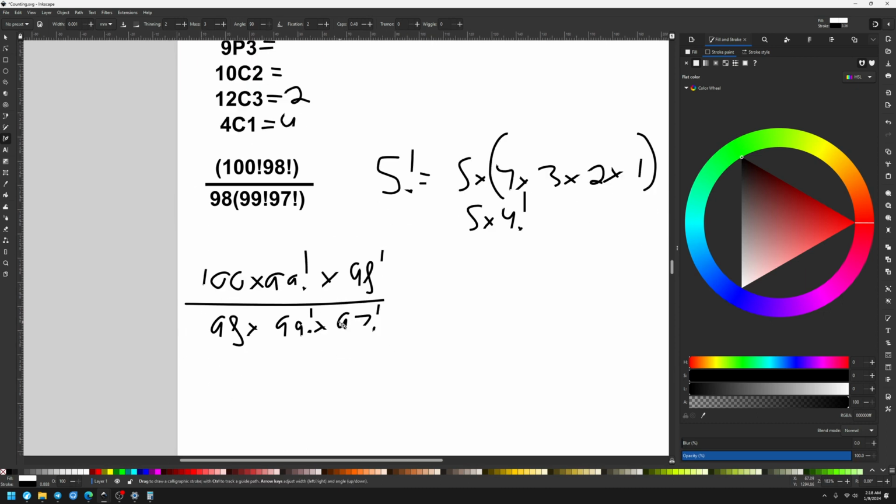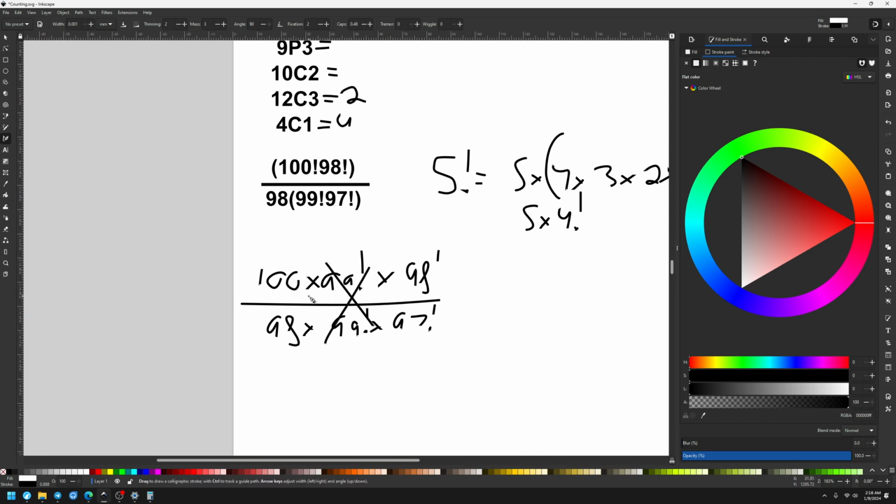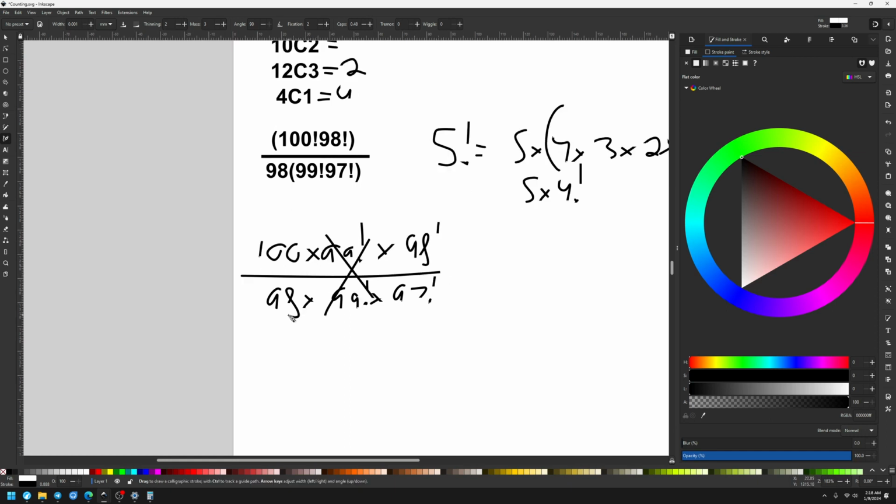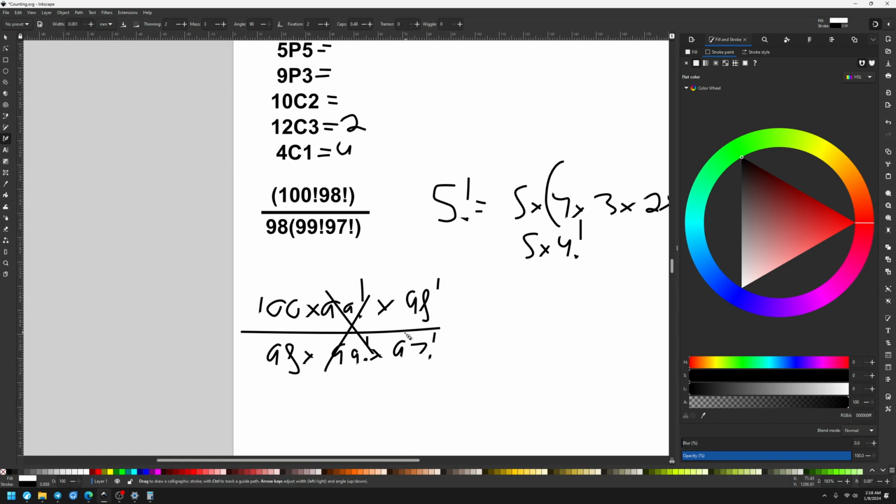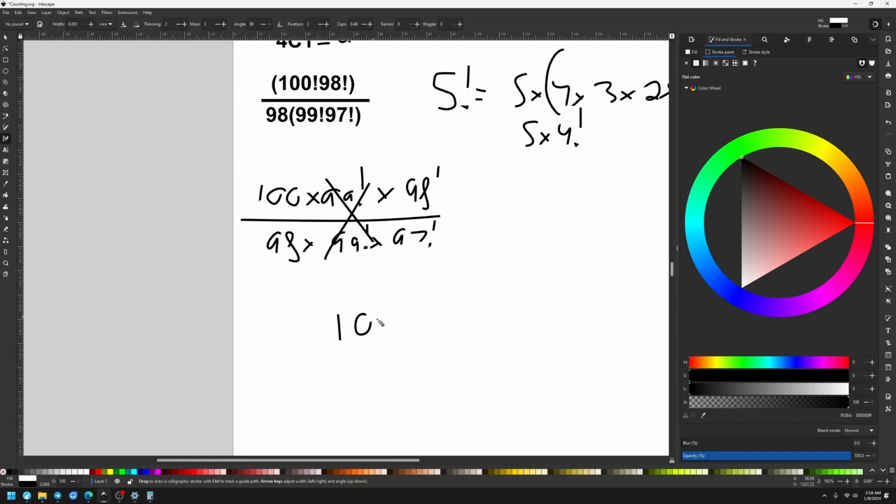When we have products like these in fractions, we can cancel out things that are the same. So 99 factorial shows up in the top and the bottom, so you can cross that out. And we're left with 100 times 98 factorial divided by 98 times 97 factorial. That's a whole lot simpler.